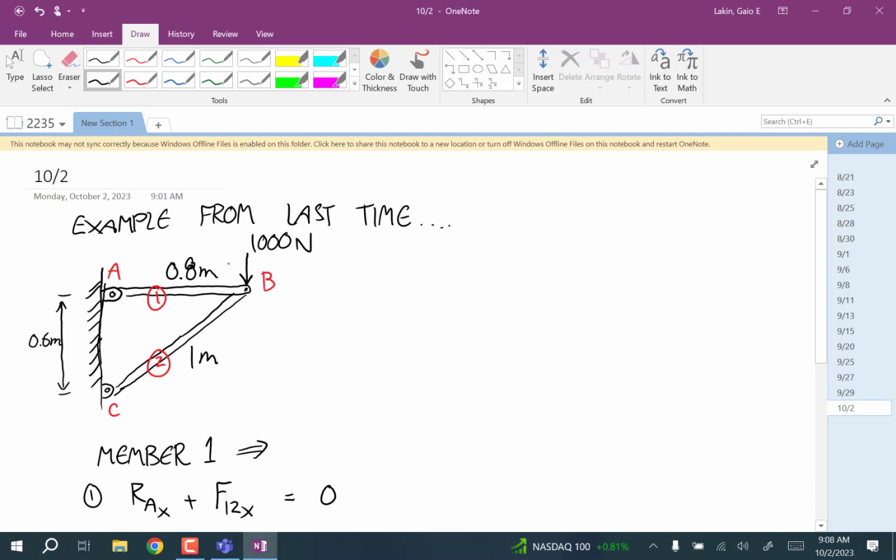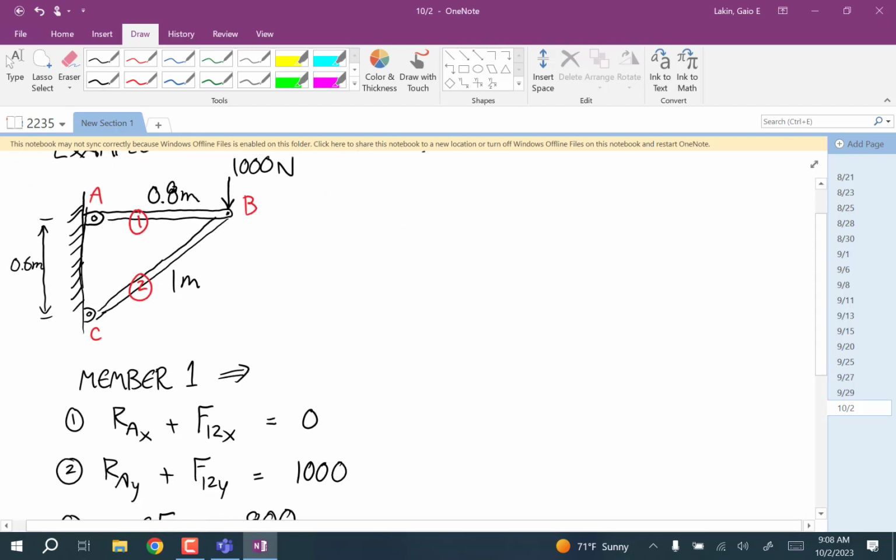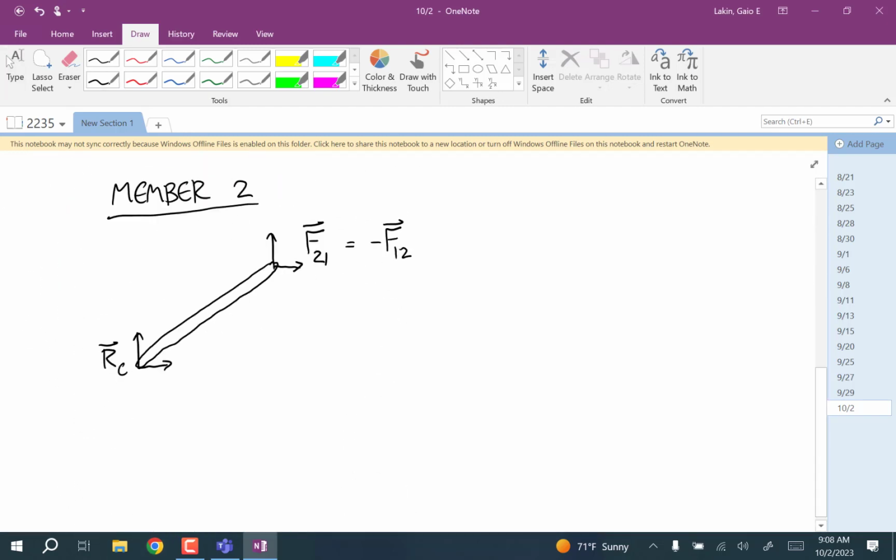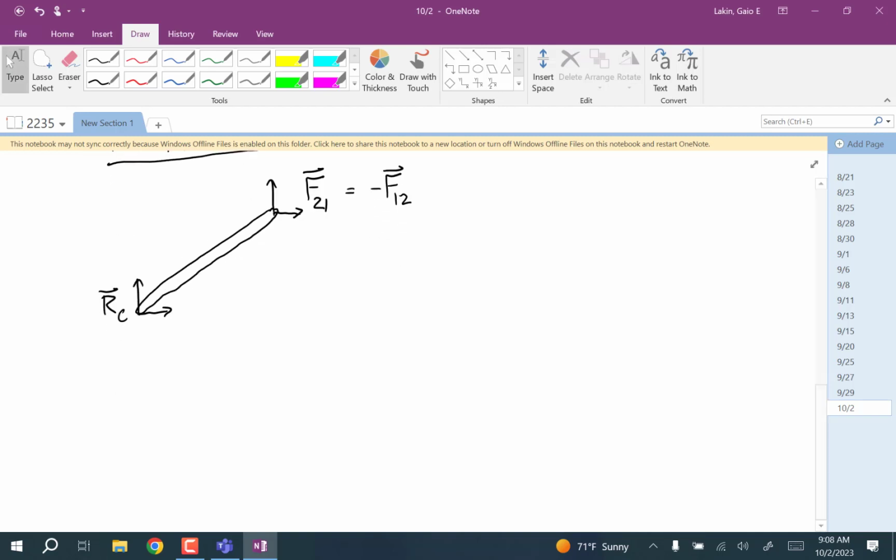But if you're going to treat it like it's acting at the pin, then you have to put it on the member that contains the pin. The lowest numbered member at B is body 1, so I'm including this as body 1. You could do it as 200 on 1 and 800 on 2, but that would be really unnecessarily complicated. Any questions about that? Okay. So we have that 1,000 acting on member 1. So this is it for member 2.